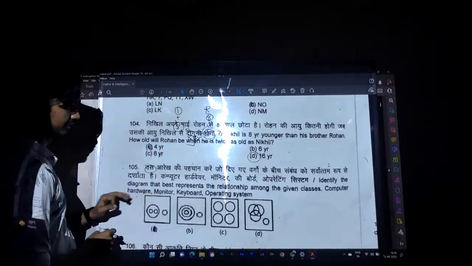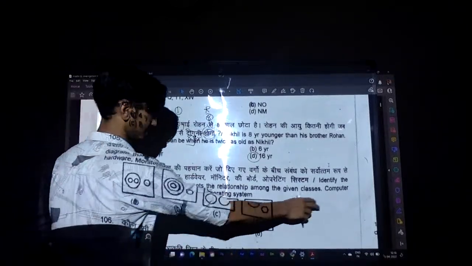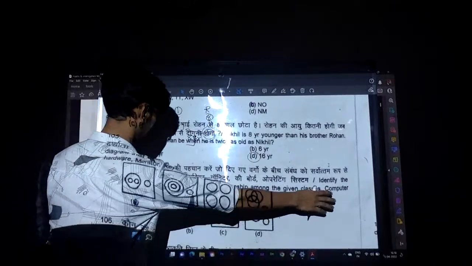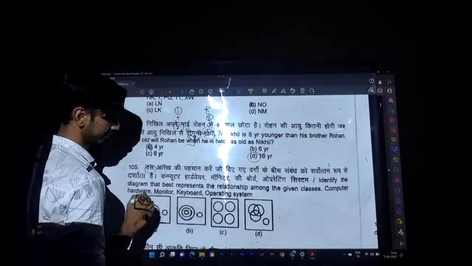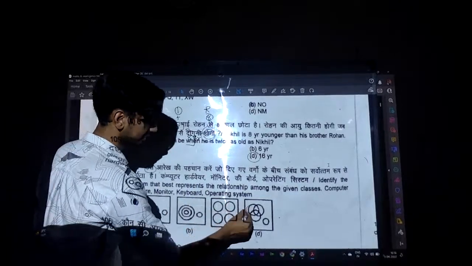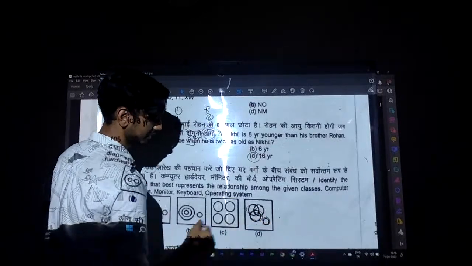So in question number 5, we have to classify the following: computer, hardware, monitor, keyboard, and operating system. As you know, computer hardware, monitor, and keyboard come under the hardware part, so these will share the circles like this here, and the operating system is the software part, so this will come outside.